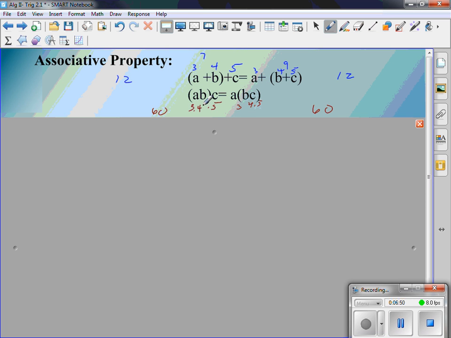The one on the right probably is easier. 3 times 20 compared to 12 times 5. Why is the 3 times 20 easier to deal with? 20 has a 0. It's easy to multiply with zeros on the ends. The whole idea of knowing these properties is changing problems around to make math easier for yourself.